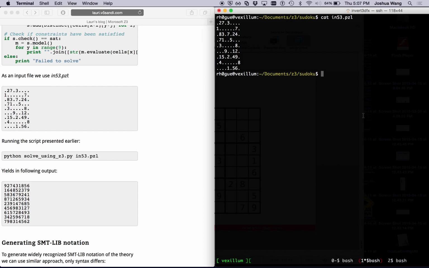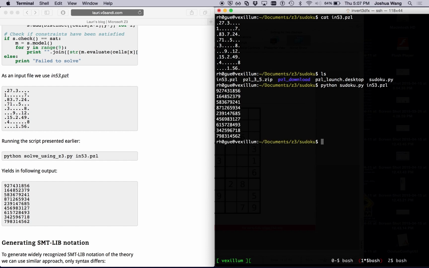So then to solve this, you can use Z3, and this should give you a fully solved Sudoku solution based on your input. Basically it's taking linear equations and solving them, and then coming up with a solution based on the solutions.